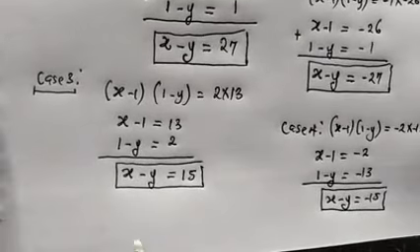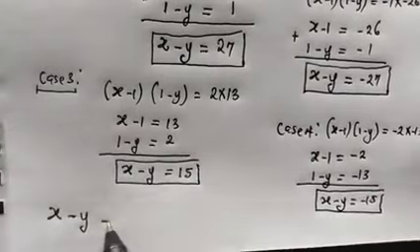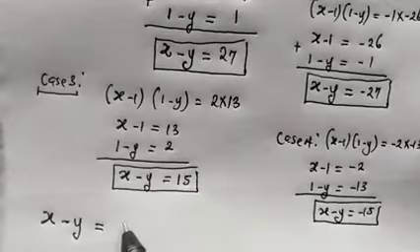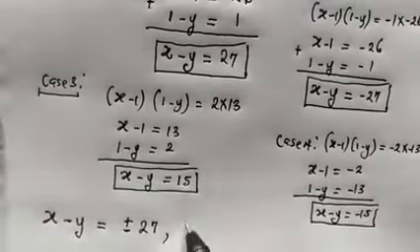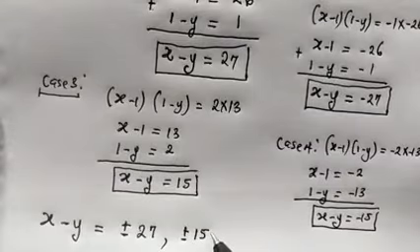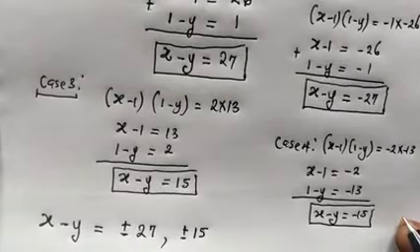Okay, so we have the following solutions for x minus y. Easy enough, right? So we have x minus y is equal to plus or minus 27 and also plus or minus 15. So we have 4 solutions for x minus y, given that x and y are integers.